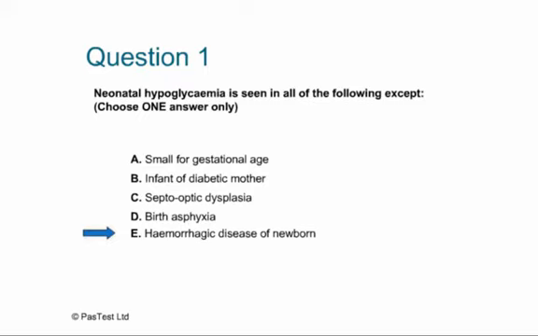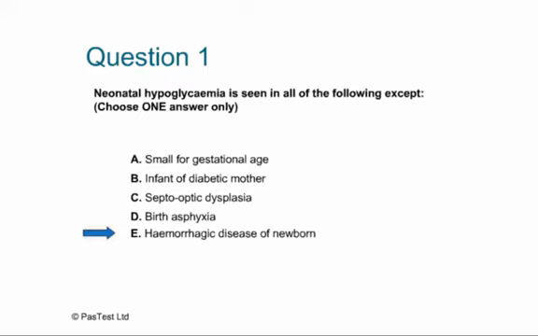Small for gestational age babies are prone to developing hypoglycemia due to lower glycogen stores. Infants of diabetic mothers have higher levels of circulating insulin and are also prone to developing hypoglycemia. Septo-optic dysplasia is associated with pituitary dysfunction and can result in hypoglycemia.